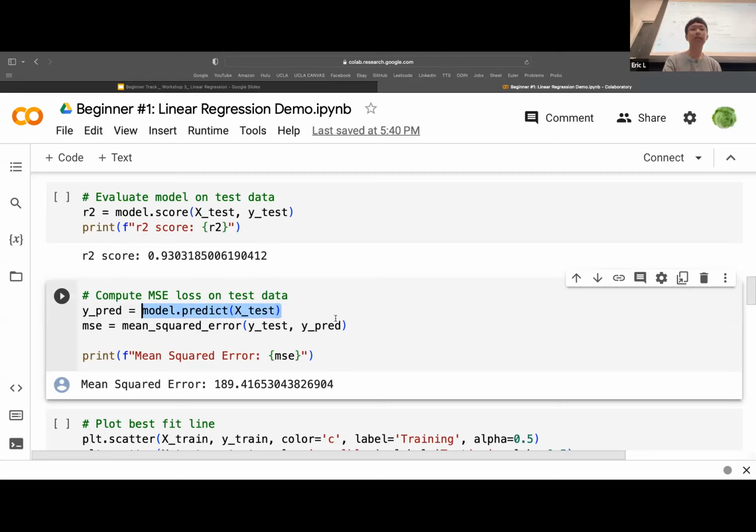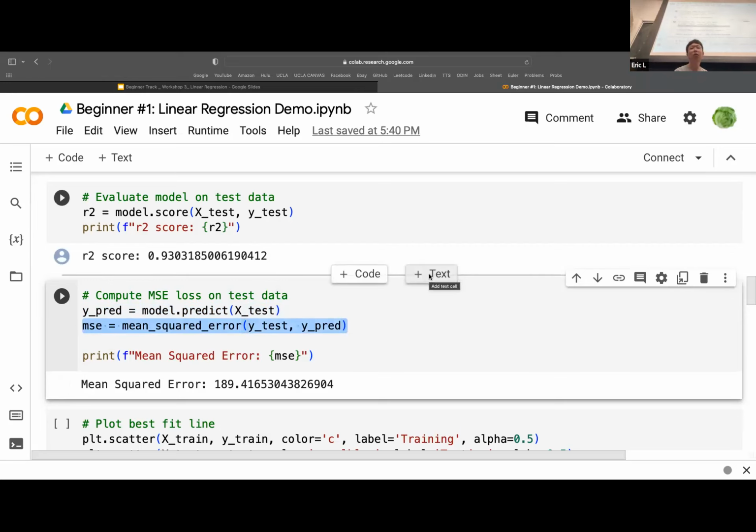Then we compare our prediction with our original testing data, because remember, our testing data is the behavior we want. The model outputted something, and we're comparing that to the real value.